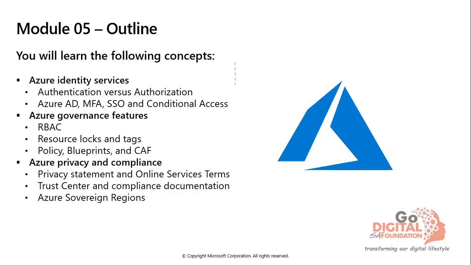And then we're going to look at Azure privacy and compliance, privacy statements, online service terms, trust center, and compliance documentation. There's a lot of compliance going on here. And then Azure sovereign regions. When you speak about sovereign regions, maybe they're speaking about Azure government sort of things.